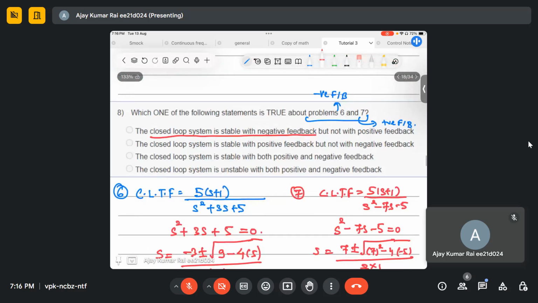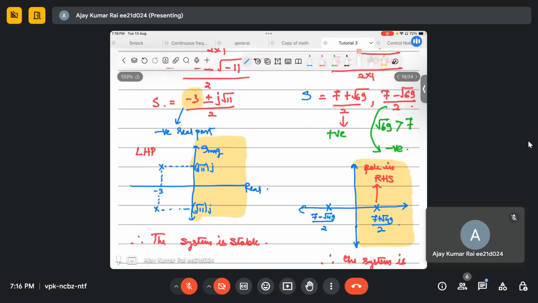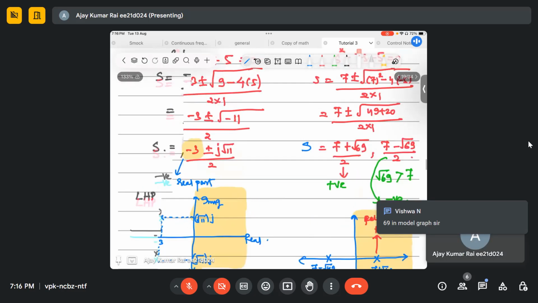Okay, because of this our system is unstable. So the first statement says the closed loop system is stable with negative feedback but not with positive feedback. So this statement is correct, right? We have just confirmed it by finding out the poles, whether they are lying in the right hand plane or the left hand plane.